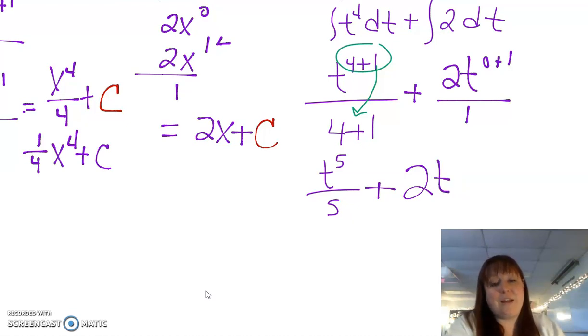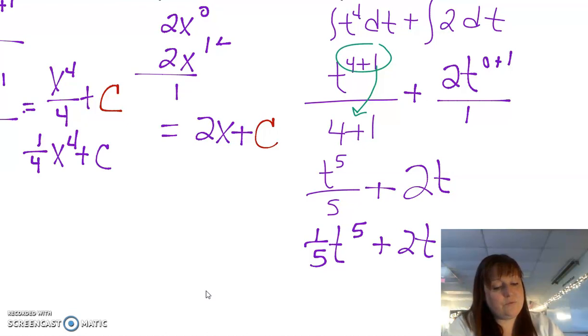Okay, there we go. That's t. And so really our integral is 1/5 t to the 5th plus 2t, plus c. Don't forget the c. All right, there's our integral.